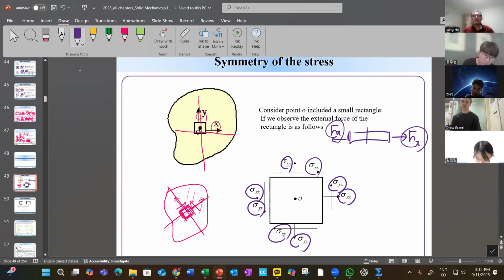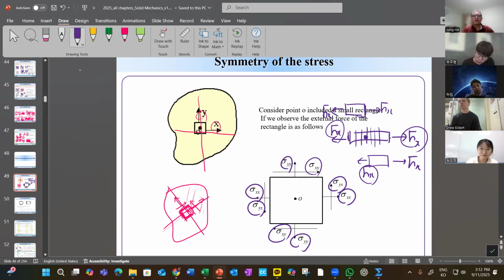If I cut here, then what will we have? This will have it like this. So this will be the fx as well. No matter where you cut, the force will always be the fx. Now, if we look at the left-hand side, this is the fx, and this surface will always have an fx as well.